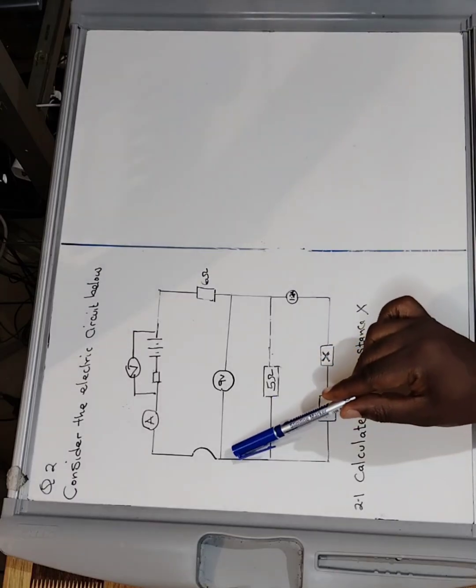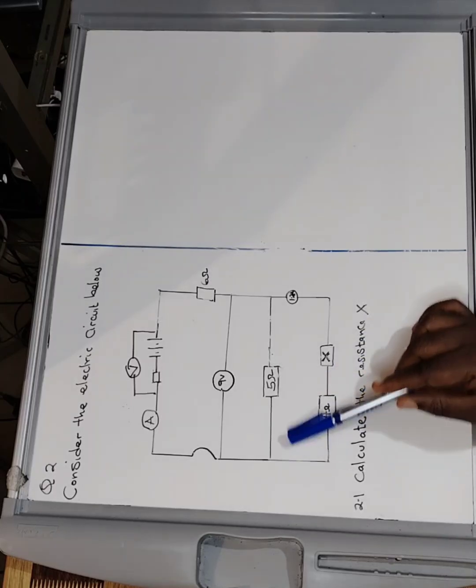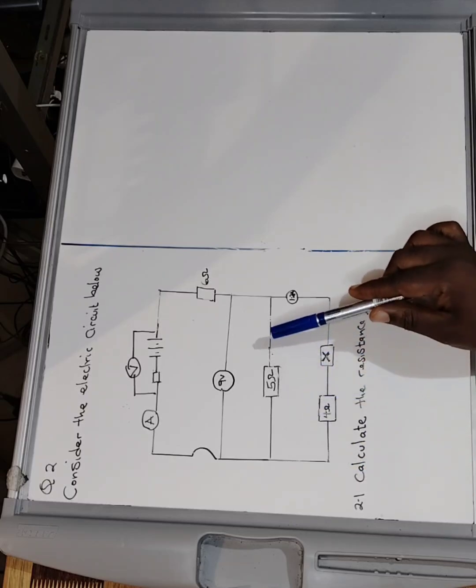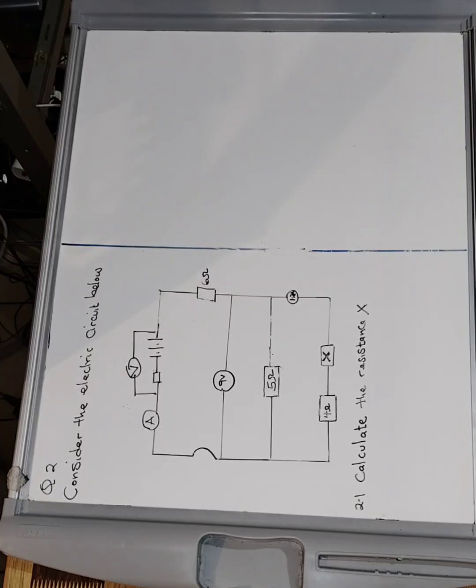We are having a voltmeter here, which reads 9 volts. And what do we note? We are having a 5 ohm resistor, and we are having these two. From the principles of electricity, the 5 ohm resistor and these two are in parallel, and potential difference across a parallel network is the same.